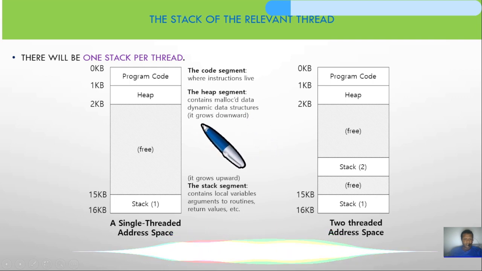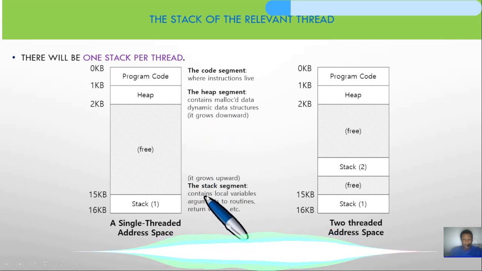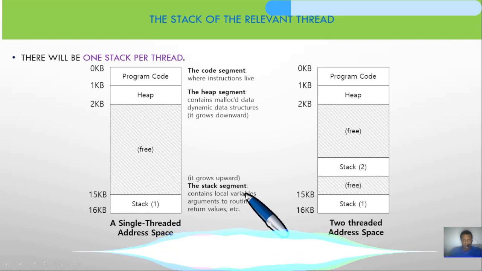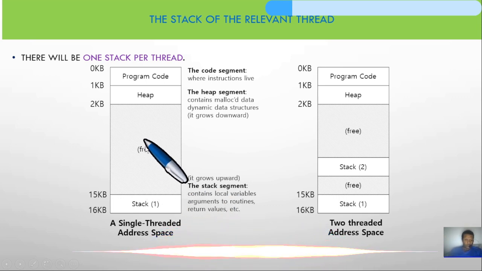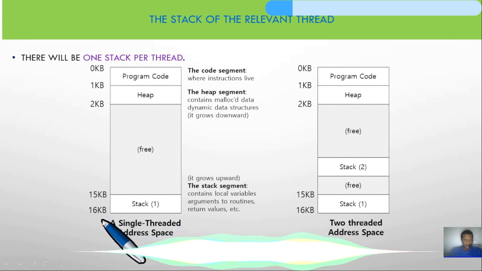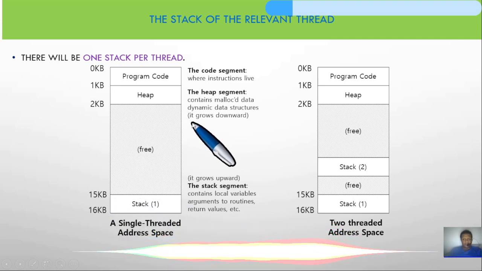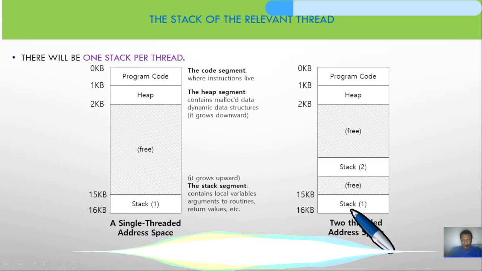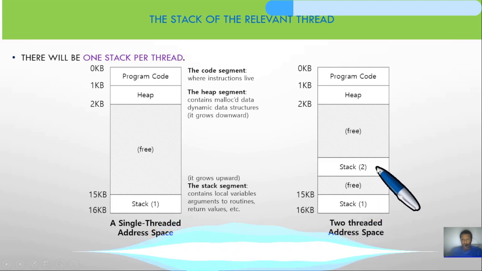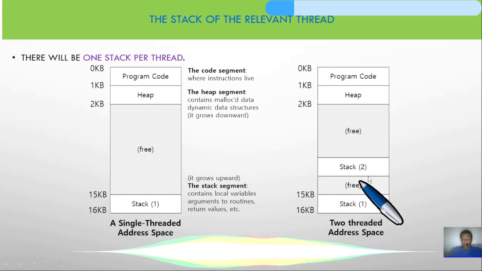It grows downward, and the stack segment contains local variables, arguments to routines, return values, etc., and it grows upward. This is 16 kilobytes, and this is single-threaded. But when there are two threads, as you can see, we have stack 1 and stack 2. Each thread will have its own stack. That is the behavior of multi-threaded.